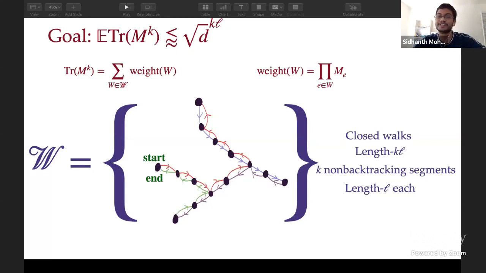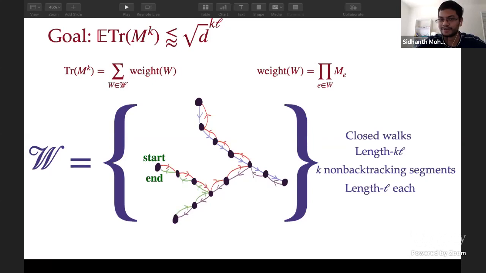So this trace of M to the k quantity is like this crazy sum over all walks and looks super daunting. Fortunately, I'm not going to make any of you think about this. Let me just say that there's a lot of song and dance that one needs to go through before you get from this point to something interesting.